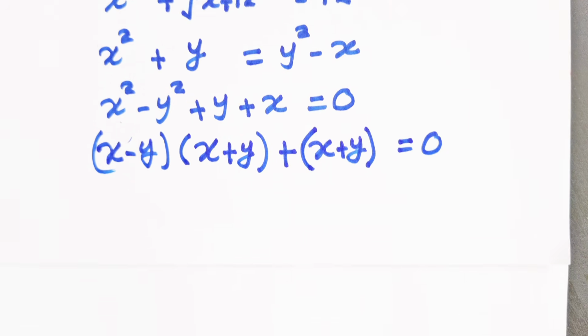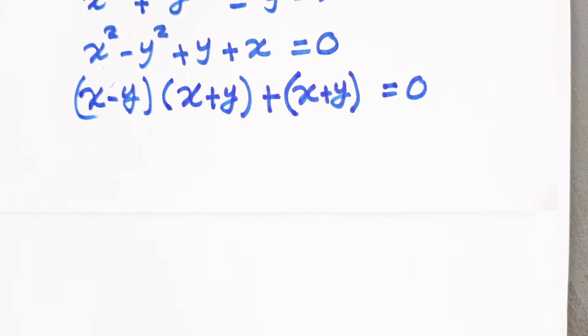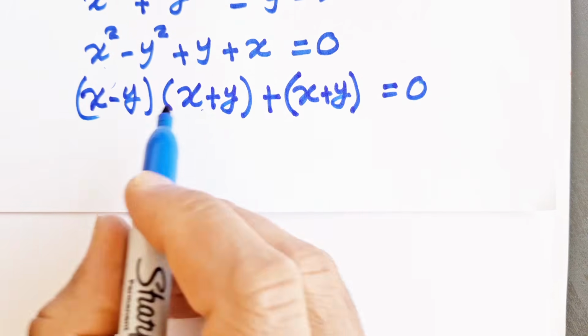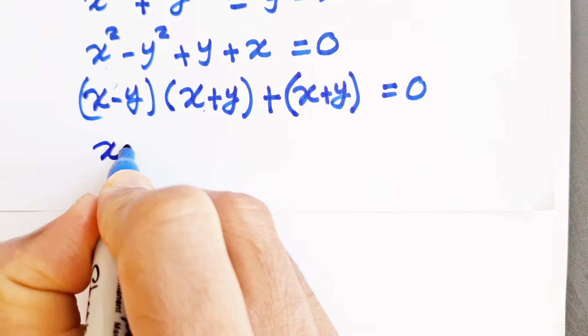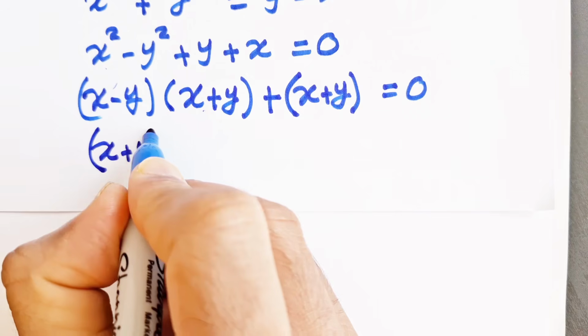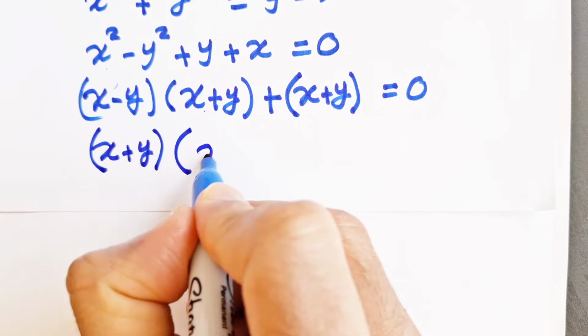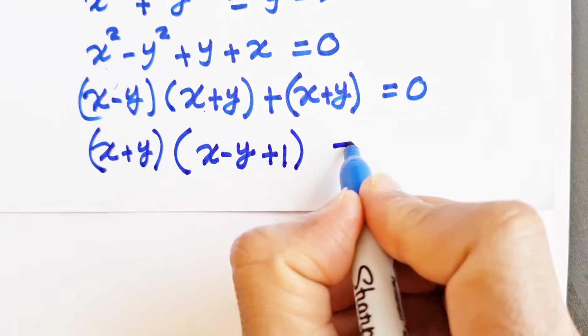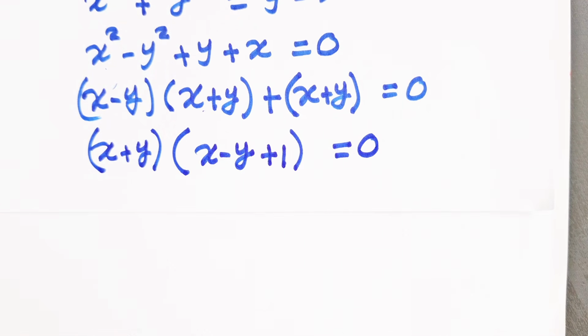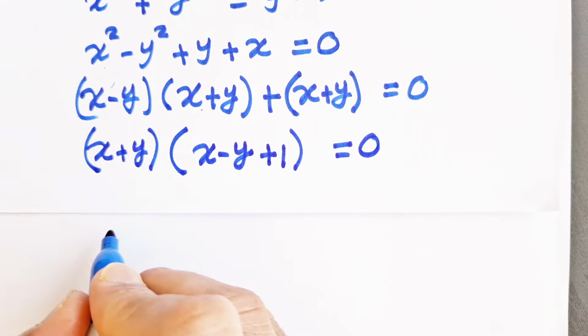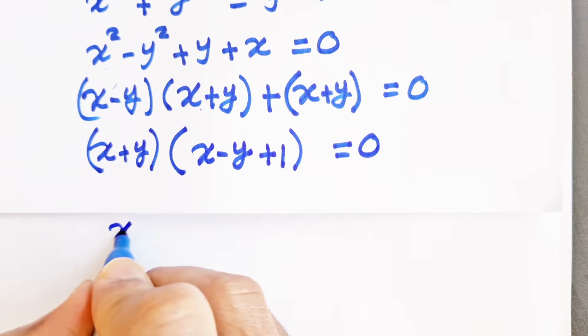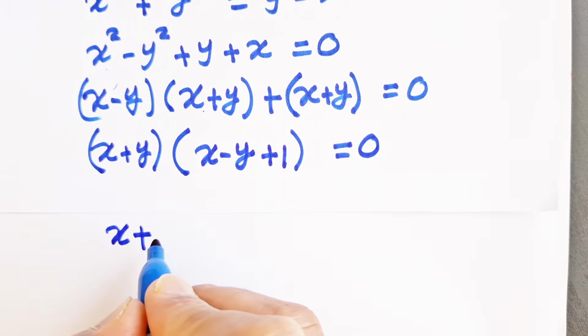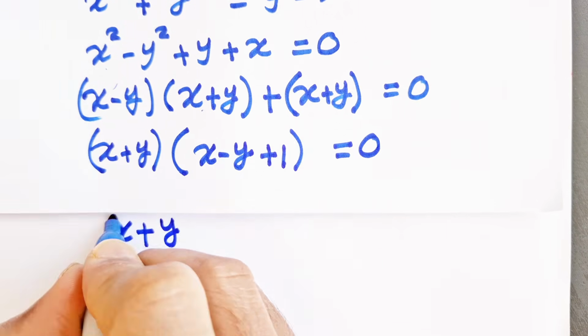So we can see that x plus y is a common factor. Now I can take the common factor out of the whole equation from the left hand side. Then inside the parentheses we have x minus y plus 1 equal to 0. So those two products are equal to 0, which means each product itself is equal to 0.